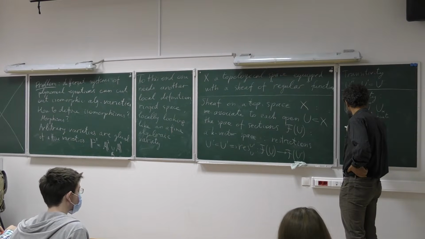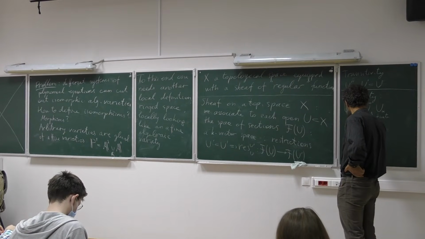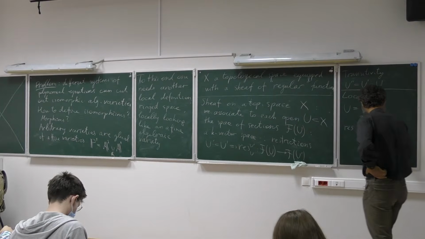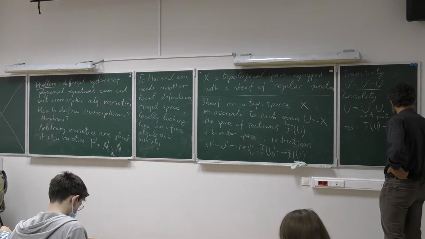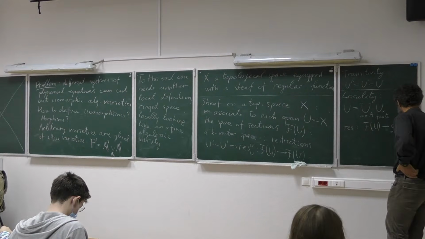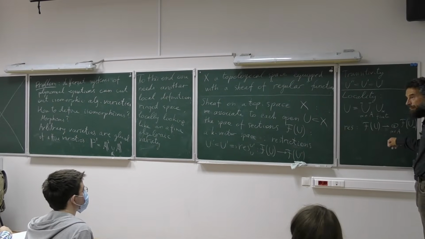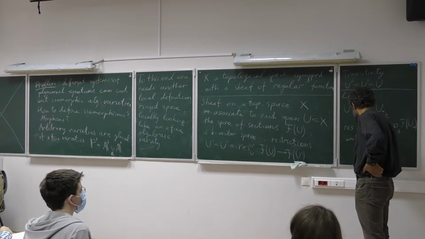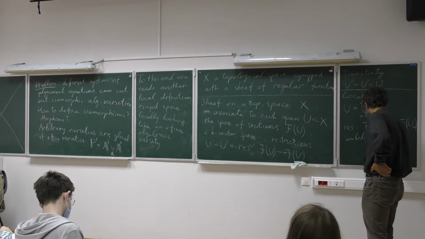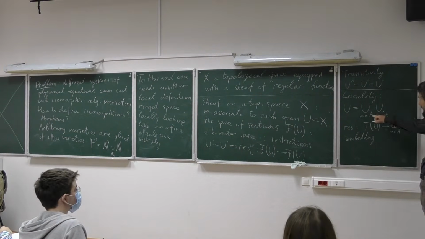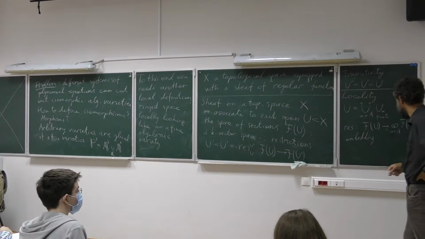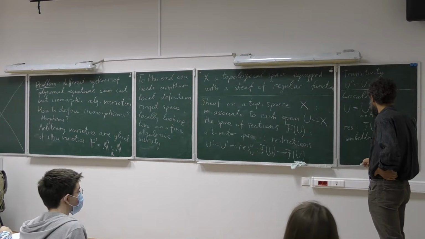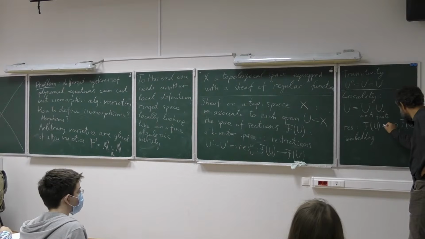So you have a restriction map from sections on U to the direct sum over all alpha of sections over these subsets. And this is an embedding. So each section is defined by its restriction to smaller subsets if they cover the ambient open set, and you can describe the image.